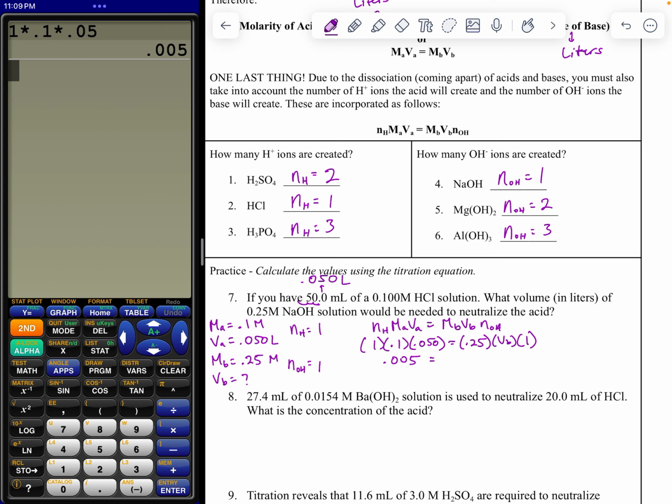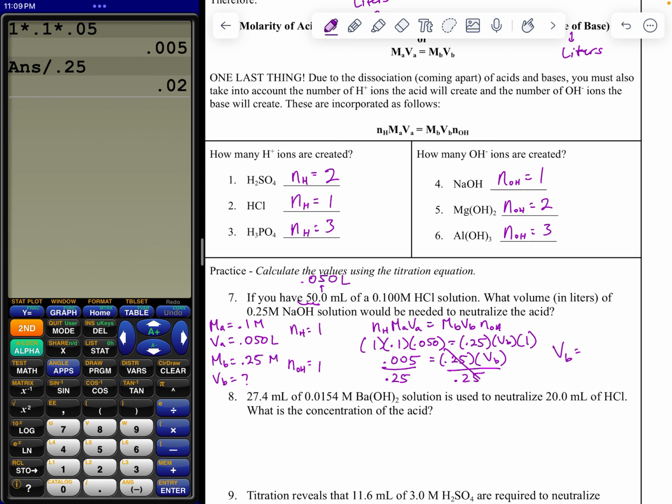And of course, this is just going to be 0.25 times the volume of the base there. Divide by 0.25 on both sides. And the volume of the base that we end up with is going to be our 0.005 divided by 0.25.